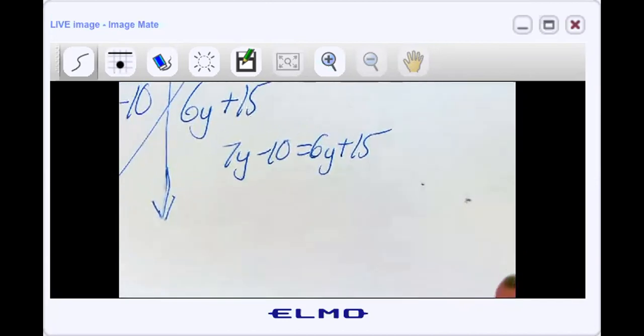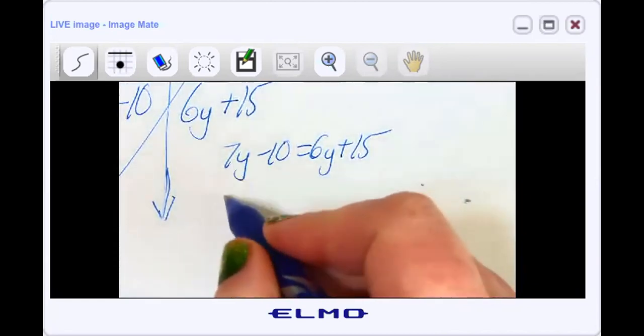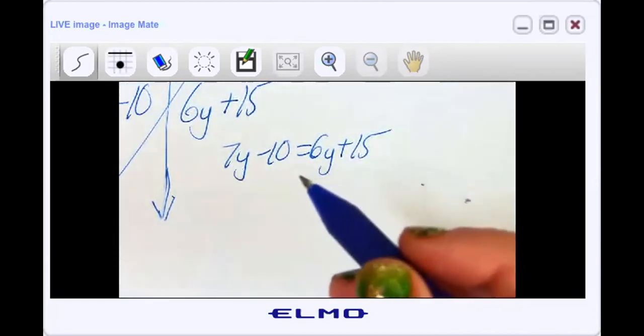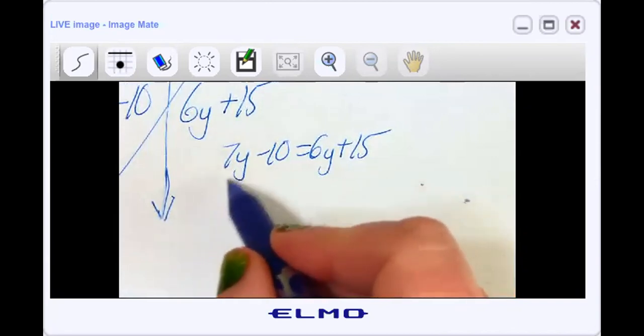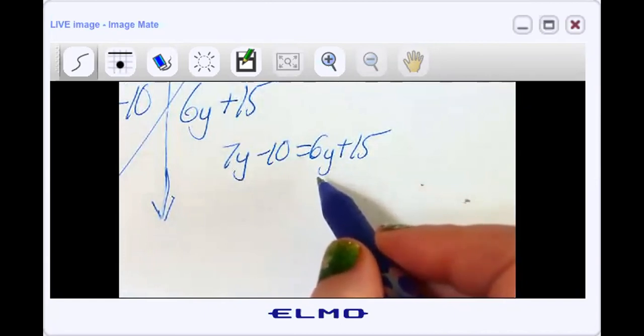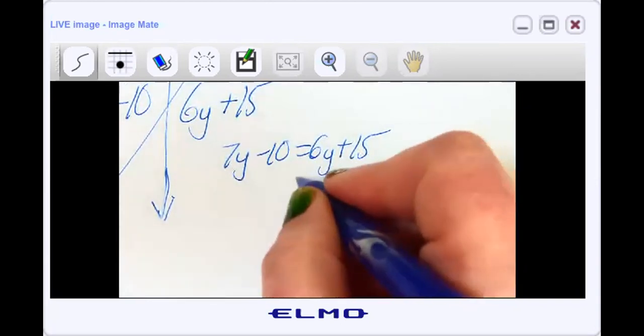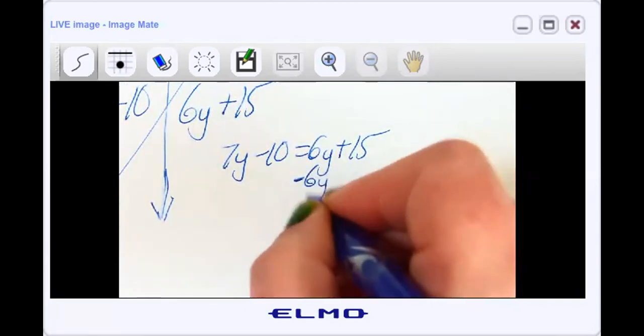When you have variables on both sides, you need to get them together. So me personally, I would minus the 6y, because 7y minus 6y is just a positive 1y. If you minus 7y, you're not wrong, but now you have 6y minus 7y, and now you have a negative. Don't make it harder on yourself if you don't have to. So it is a little bit easier if you just minus 6y from both sides.